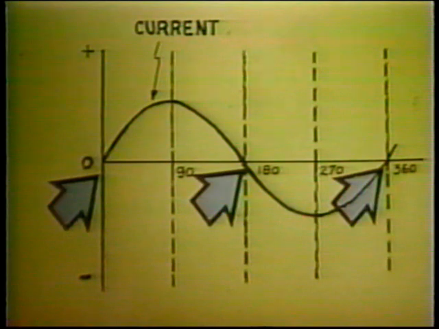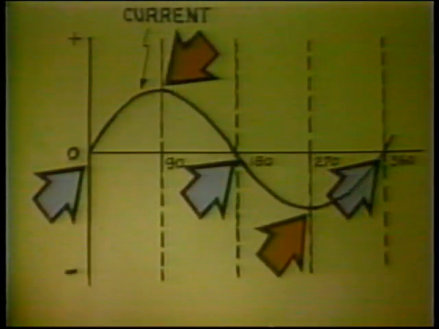Remember, the greatest rate of change in a sine wave form occurs when the waveform passes through its 0, 180, and 360 degree points. The least rate of change occurs at its 90 degree and 270 degree points.